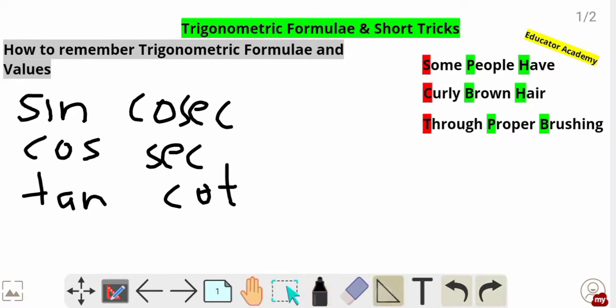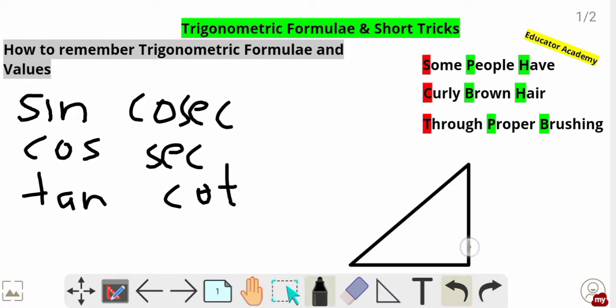As we have discussed previously, trigonometry is the measurement of triangles. So now we relate these 6 trigonometric values with a triangle. We have a triangle, and here is 90 degree and here is theta.